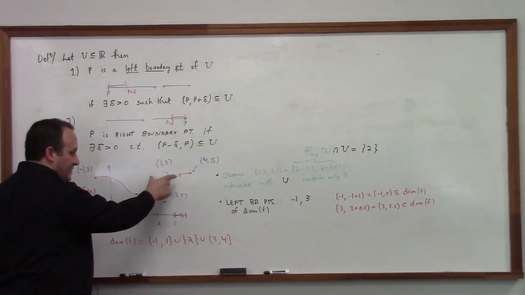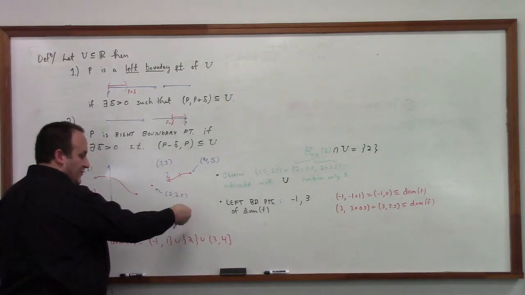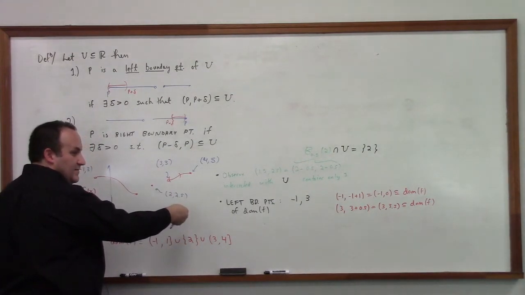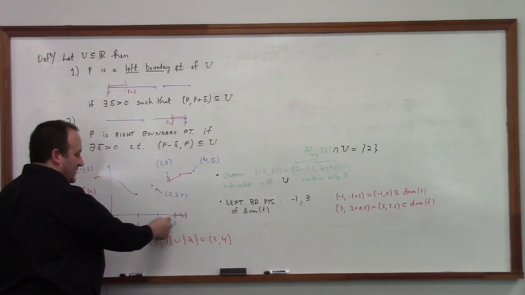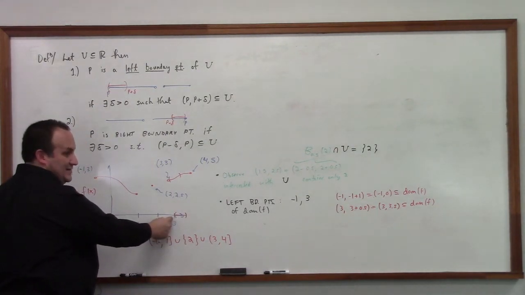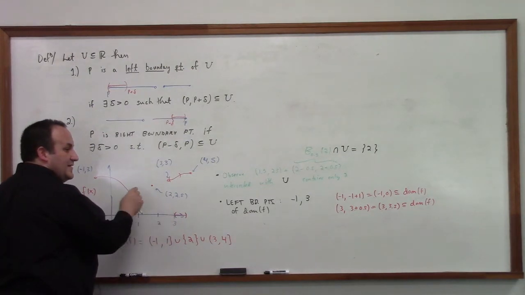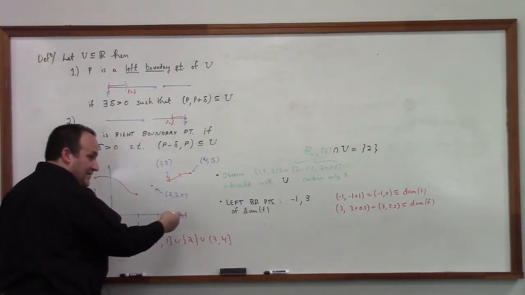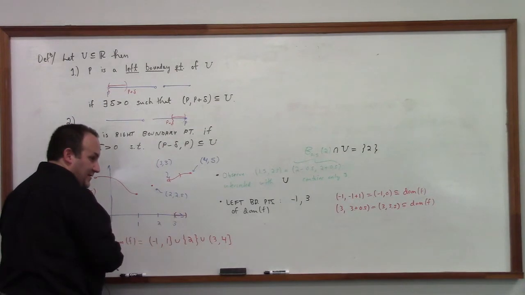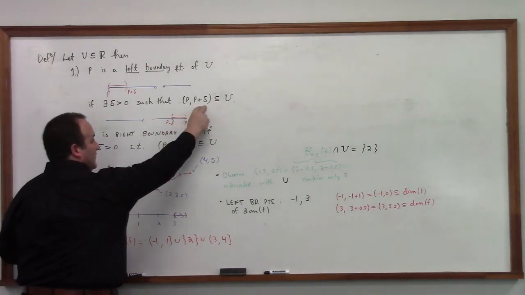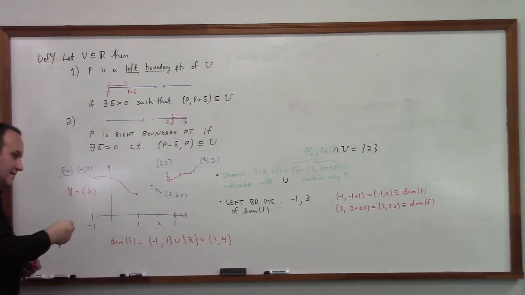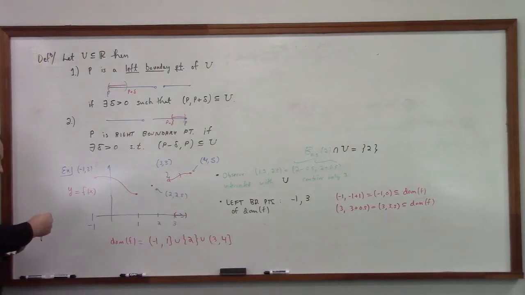If I made delta equal to 1.5 about 2, if I went from 2 over to 3.5, then all these points in between are not in the domain, so it doesn't satisfy the subset condition. All the points to the right of a left boundary point have to be in the domain for it to be a left boundary point. That's what this means. All the points to the right of the boundary point, but close enough to it, are in the domain. It is a local idea.